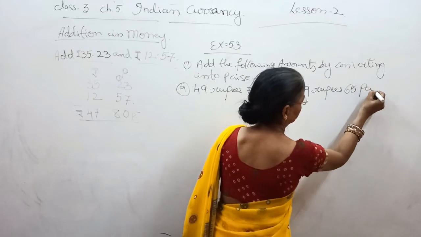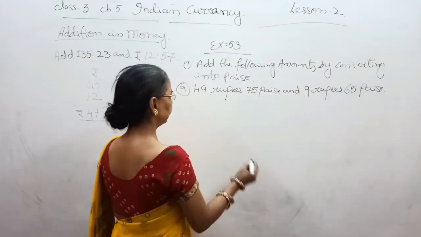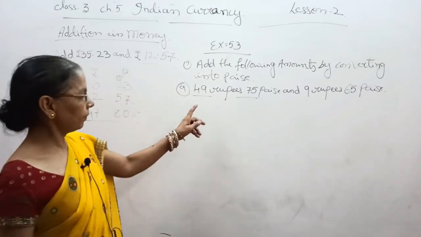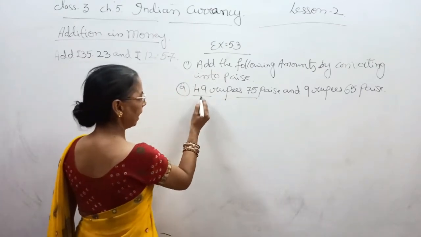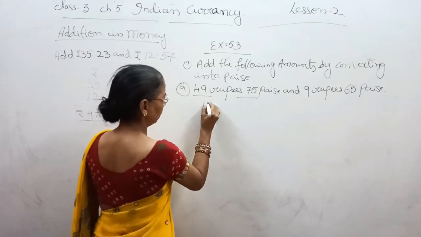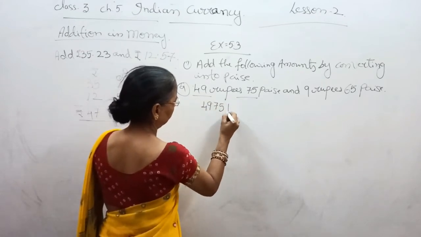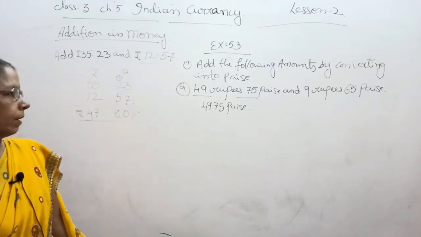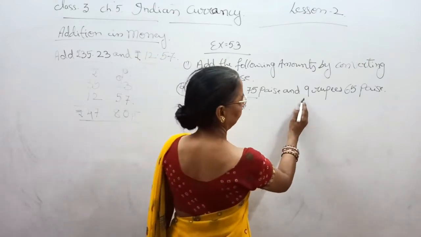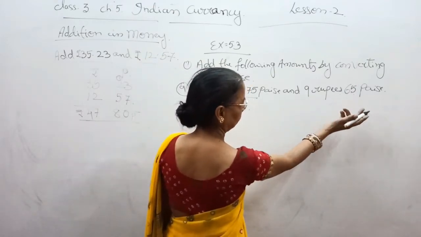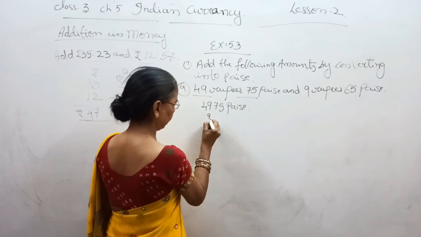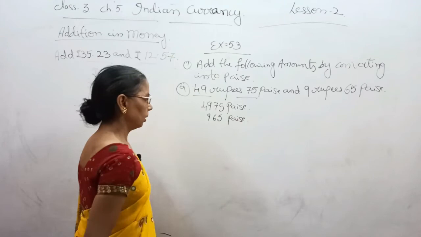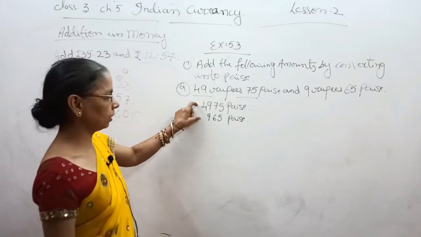As I told earlier, when we get rupees, then simply add it: 4975. It is paise. 4975 paise. And second one is 9 rupees 65 paise. Then simply put 965. So these are converted into paise.